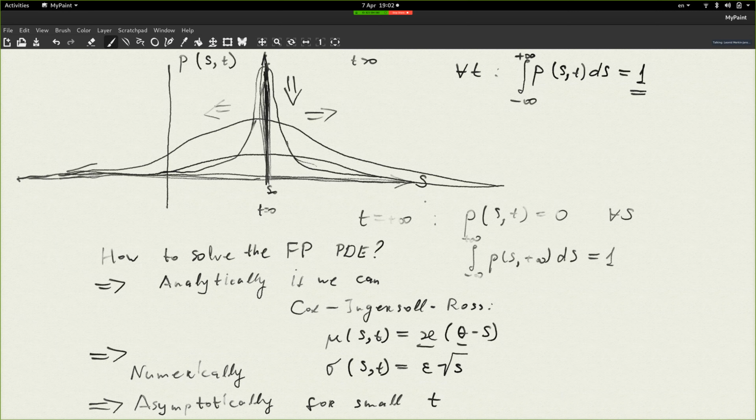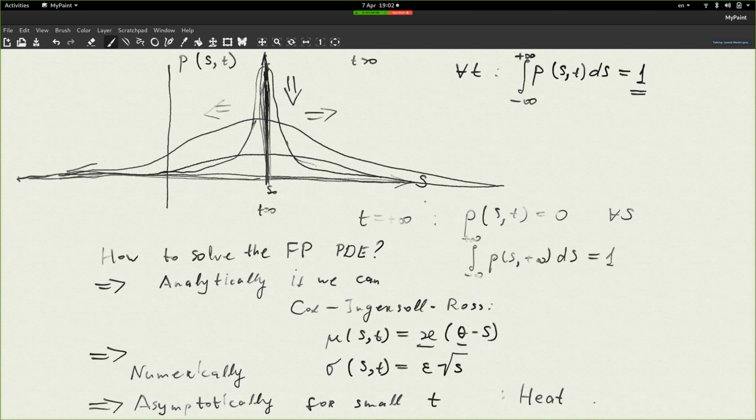So in general, there are several methods for constructing asymptotic solutions to the Fokker-Planck partial differential equation, but a very well-known method is called the method of heat kernels. I am not going to explain in great detail how it works, but I just want you to be familiar with this term.